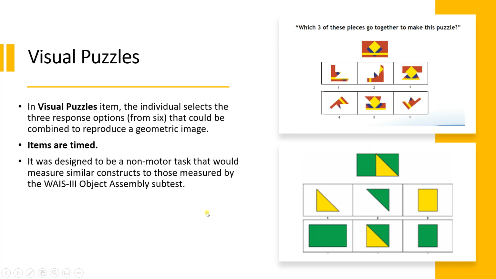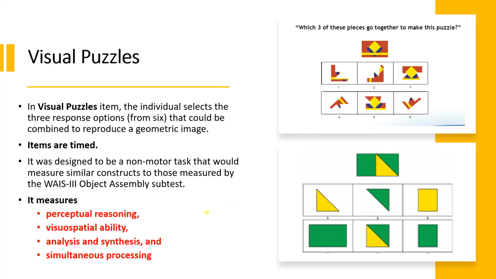So this is basically an analog of the object assembly test without the motor component. And this test measures basically perceptual reasoning, visual spatial ability, analysis and synthesis, and simultaneous processing. As I said earlier, visual spatial problems involve simultaneous processing, not sequential processing.